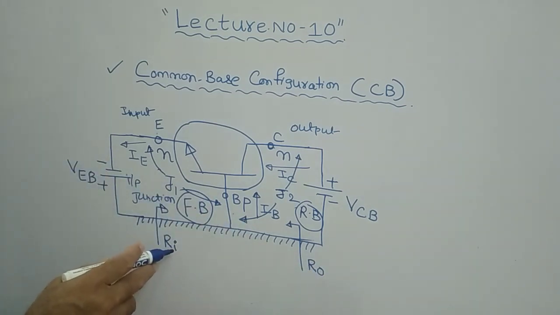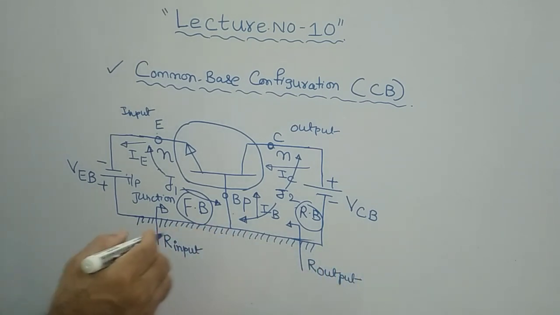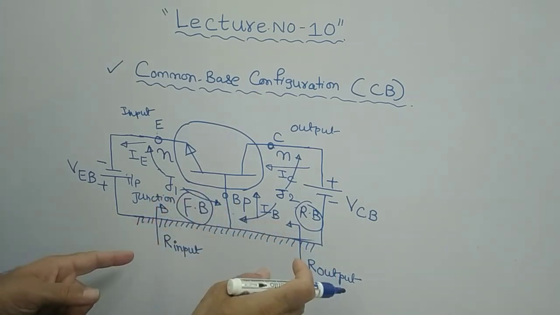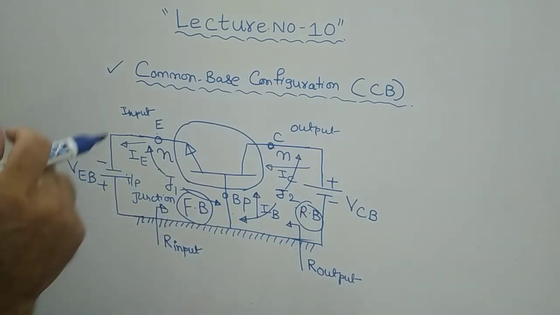This is R suffix I, where I stands for input, R input, or simply R suffix I. This is R output, or simply R naught. So this is the input impedance, this is the output impedance. These are the two parameters. Other than these two, there are two more parameters. Those are the current gain.